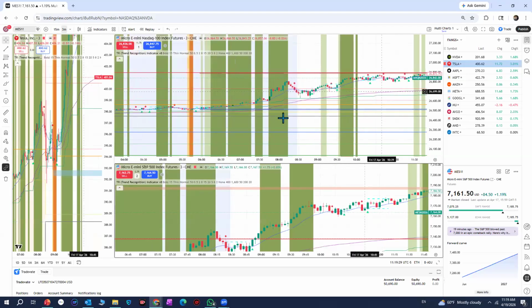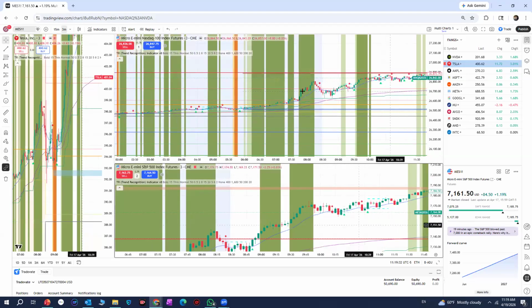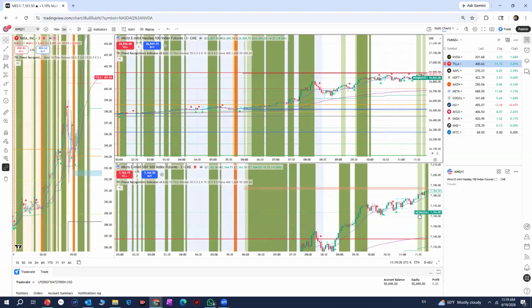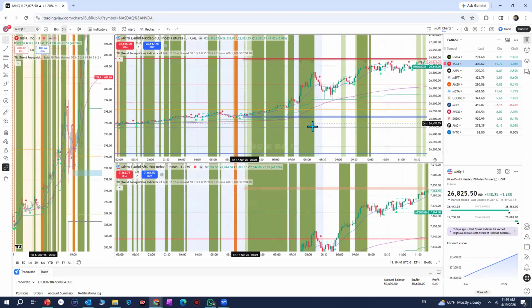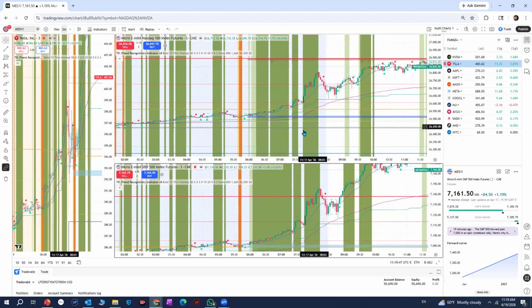And see what the market was doing. It was in an uptrend, both S&P and NASDAQ. The same was happening to Tesla. And I can very confidently say most of the stocks in the Mag 7 will be doing this. That's why the market was doing this, whether it was Nvidia or something else. But around 8:30, the market started to come down.